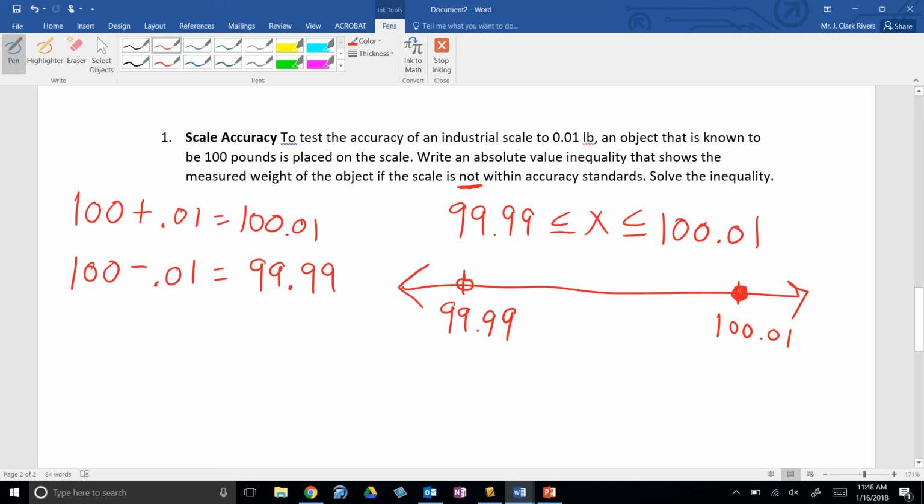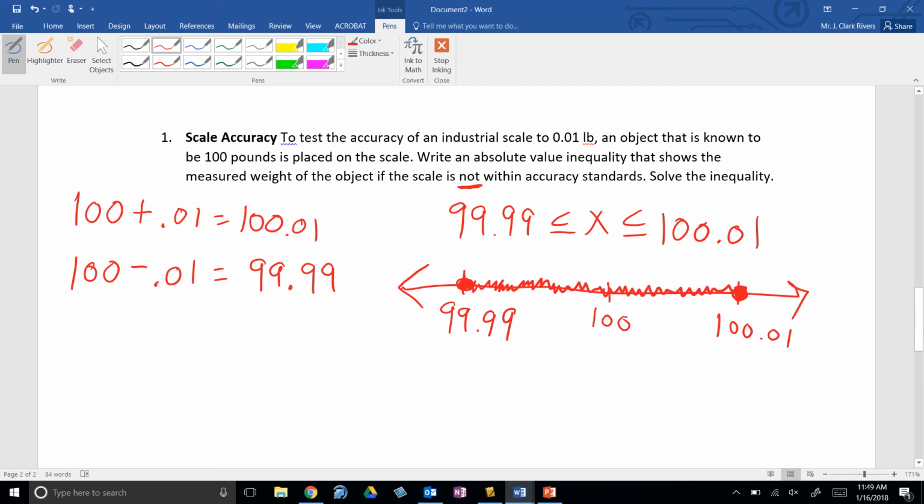So this is a closed interval here, closed interval there. Now, think about what's exactly halfway in between 99.99 and 100.01. It is 100 exactly. So we're going to put that exact halfway point there too. We want everything in between here. So now we have a nice visual for that.